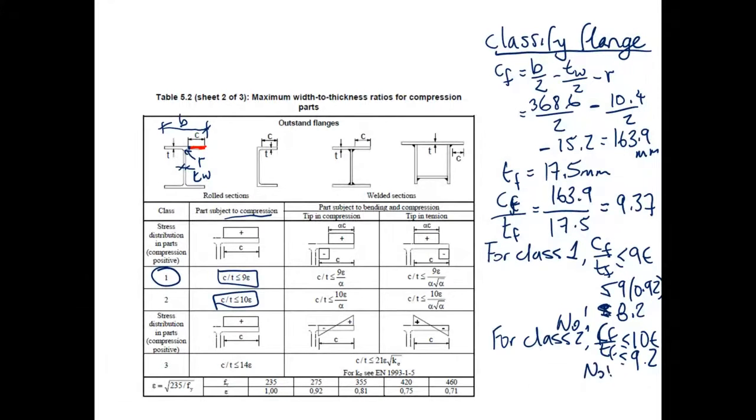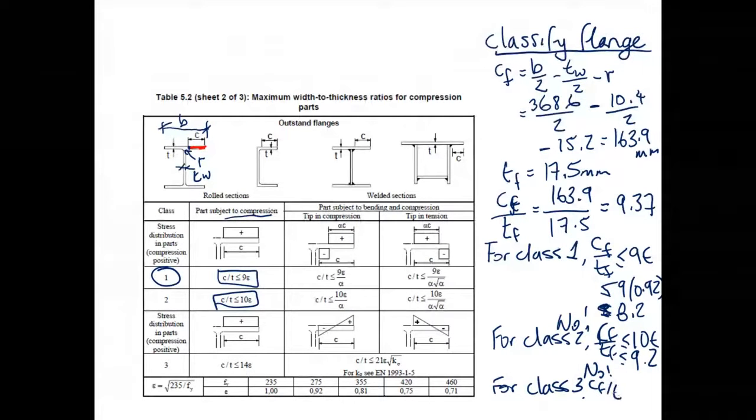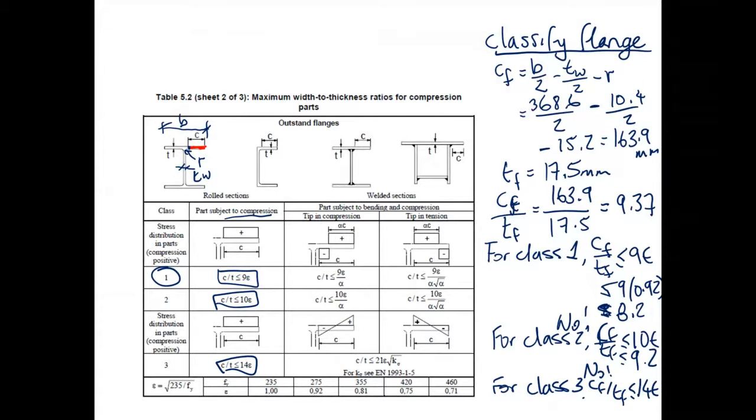So no. So for class 3, C_f divided by T_f has to be less than or equal to 14 epsilon, epsilon being 0.92. That's 13.2, and that is okay.